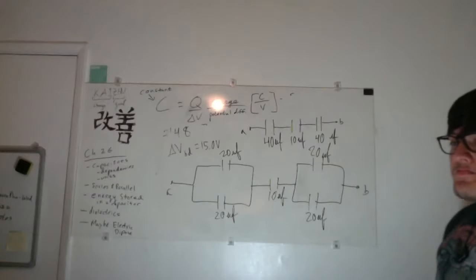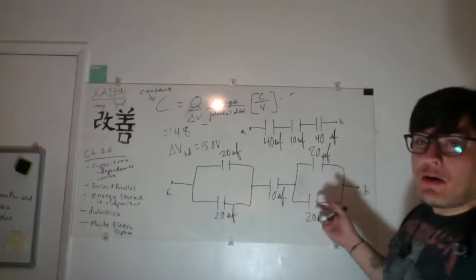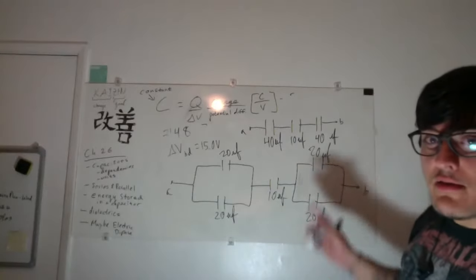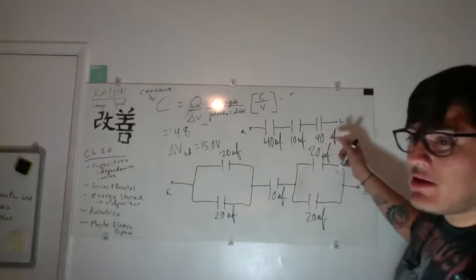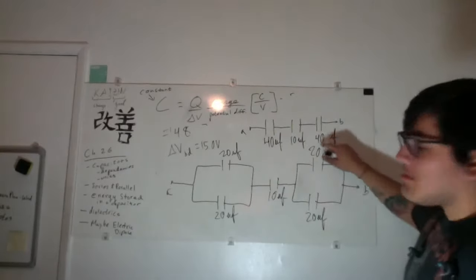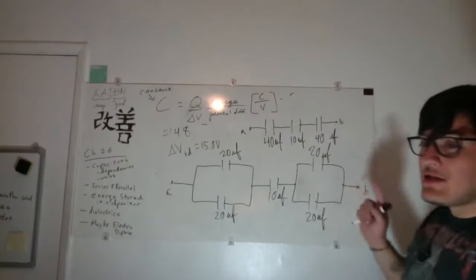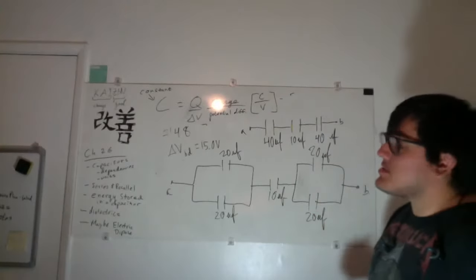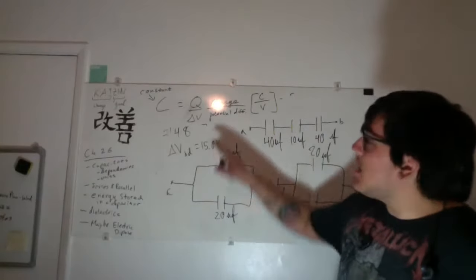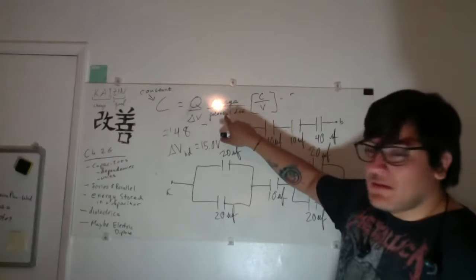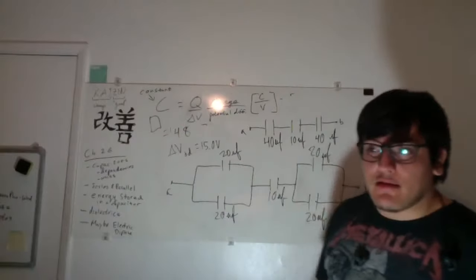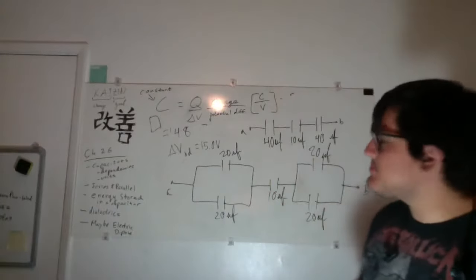Okay, so what this problem asks now is, what is the breakdown voltage of the combination? So they want to know of this combination, we've reduced here to here, what is the breakdown voltage. This is tricky because remember what I said about breakdown voltage is it relies on the capacitance. How much charge per potential can you hold on the plate, the capacitor.